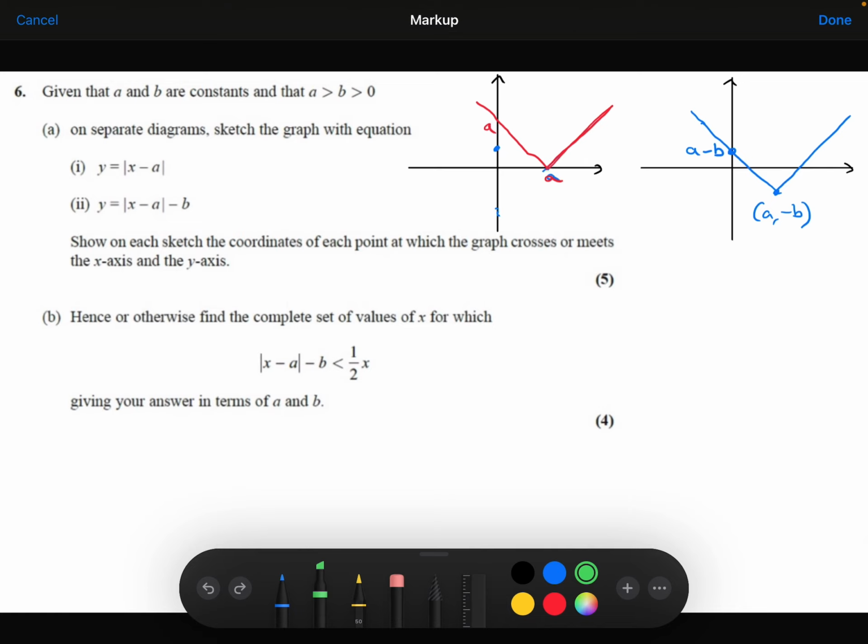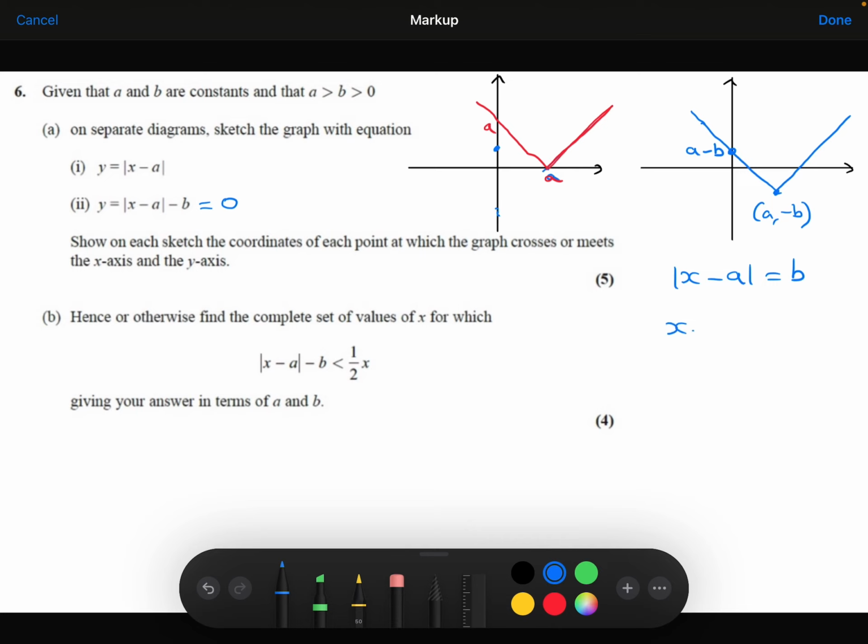We now just need to think about what these coordinates here are. So this is where the y coordinate is equal to 0. So let's take our graph and make that equal to 0. So we can say that the modulus of x minus a is equal to b.